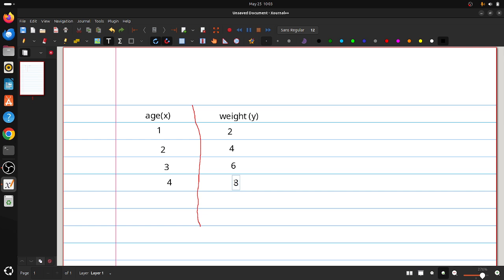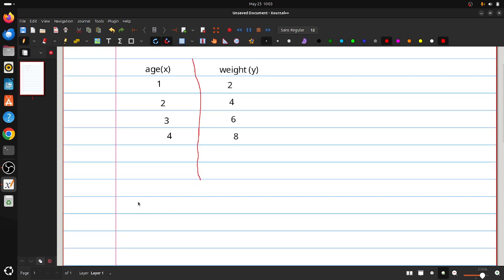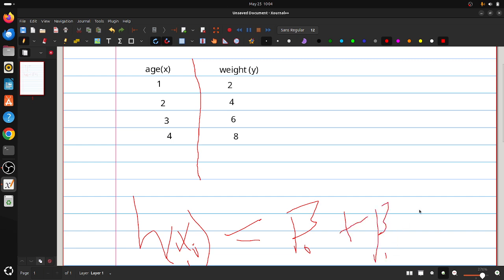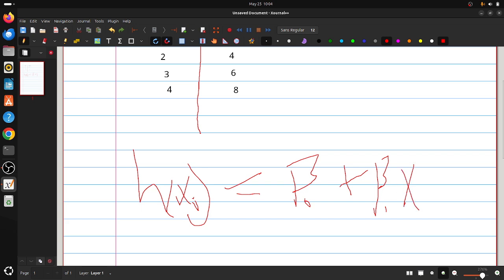First we're going to assert that there is a linear relationship between age and weight, and we make our hypothesis that the relationship is equal to beta naught plus beta 1 x.